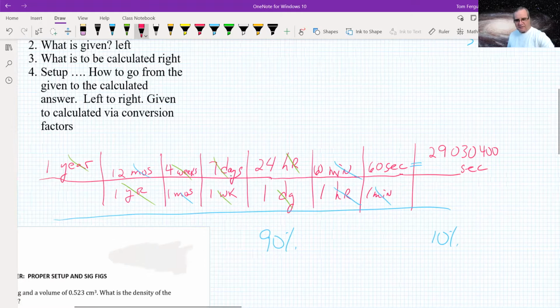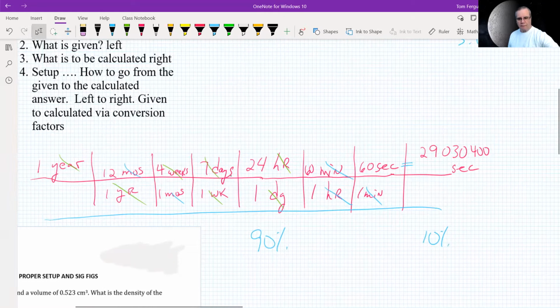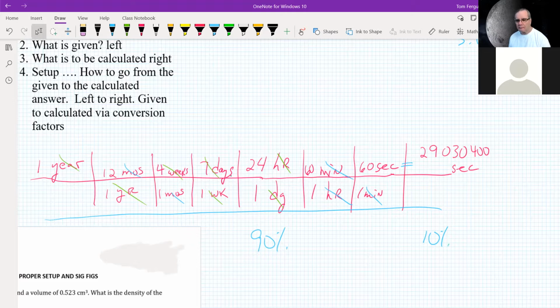Now sig fig wise, this is an interesting problem. What do you think the sig figs are for this problem? How will we analyze this? This is a tricky problem for sig figs. What immediately came to mind was, I know with sig figs, it cannot be more accurate than the units that were used to measure it, or like the smallest.